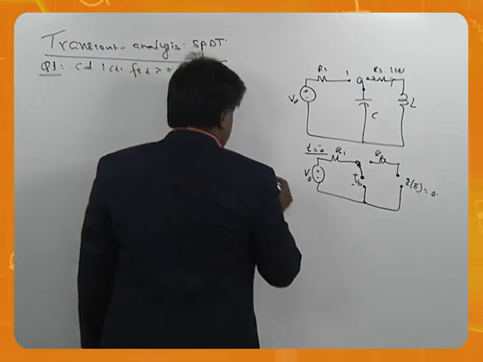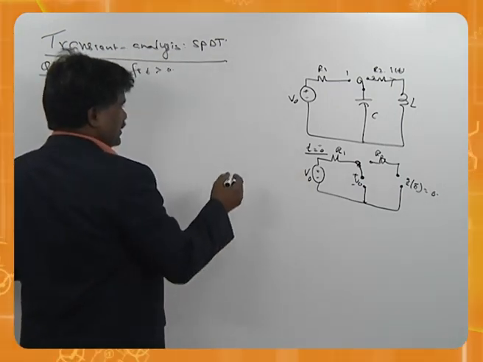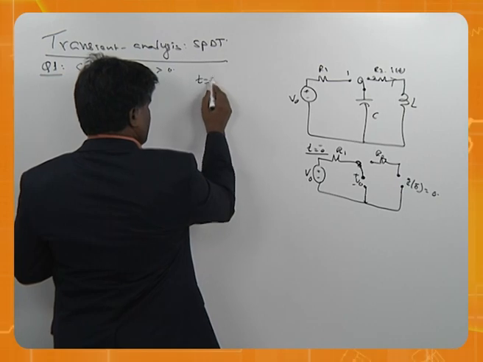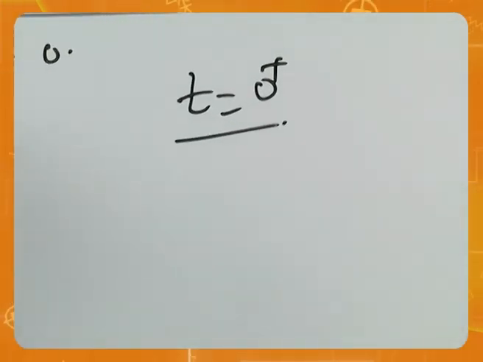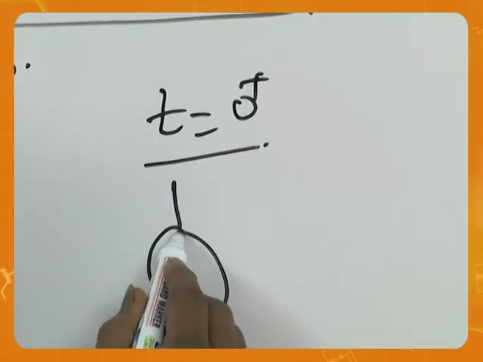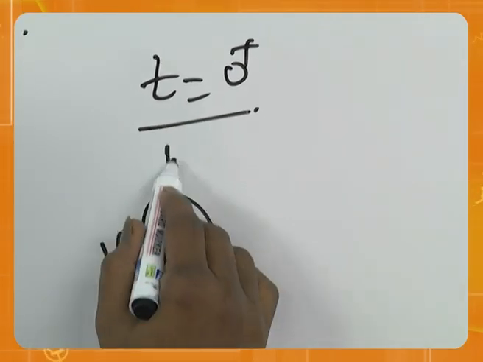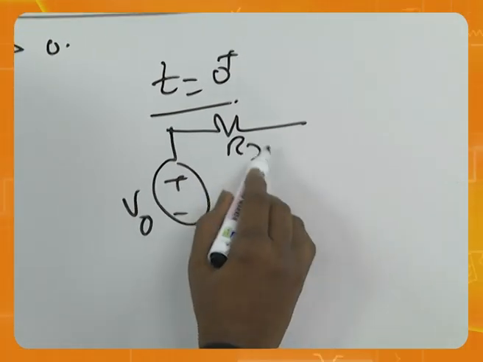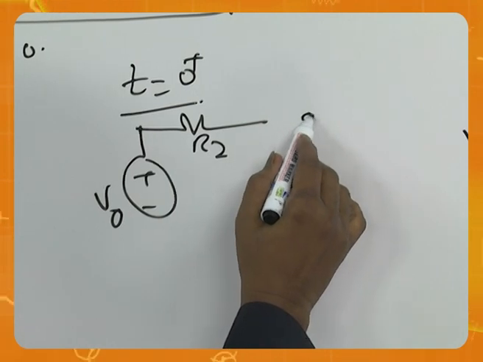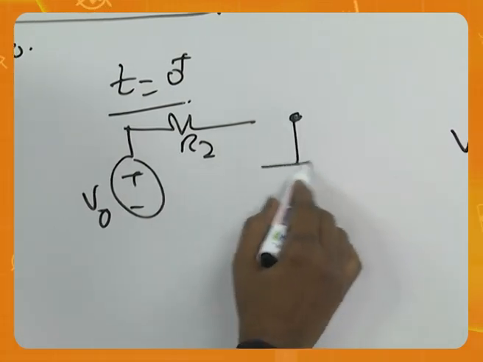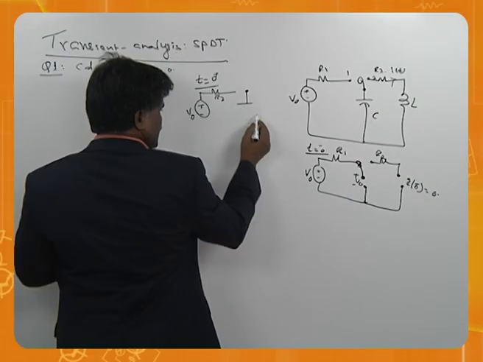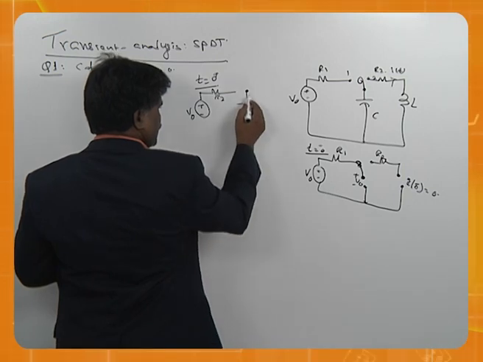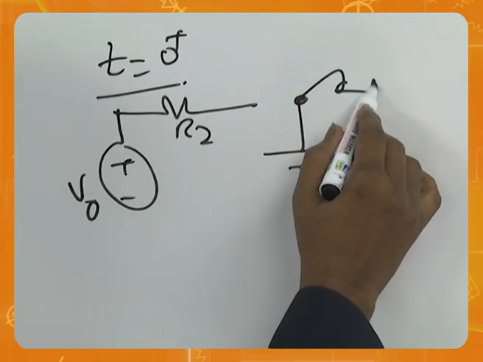Then let me take you to t equals 0 plus. Then you have V0 here, R2 here, then the capacitor is acting as a battery here, and the switch is here.